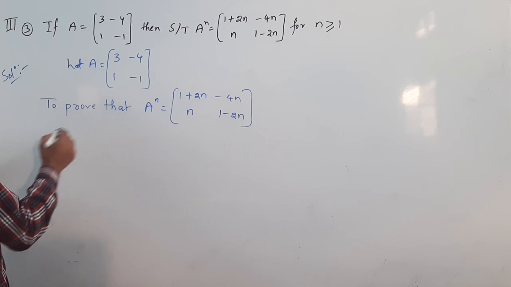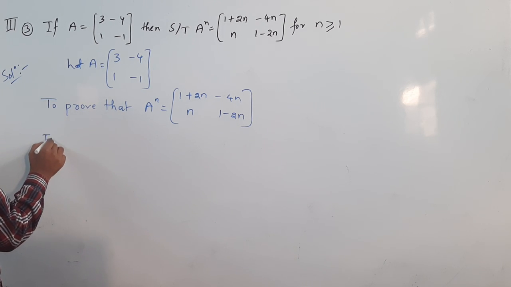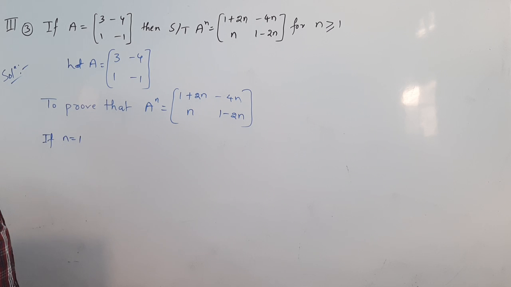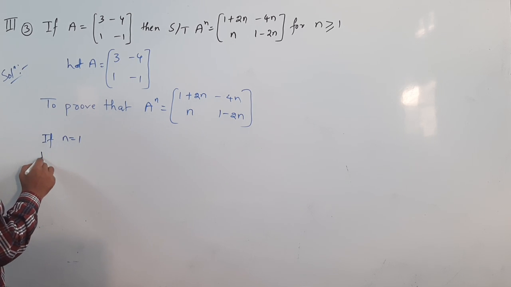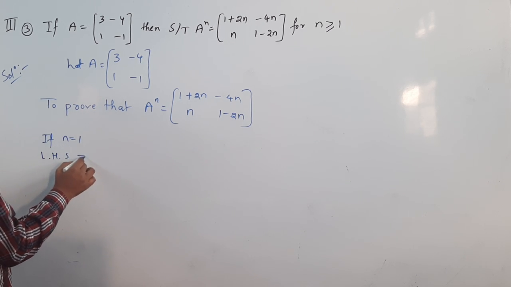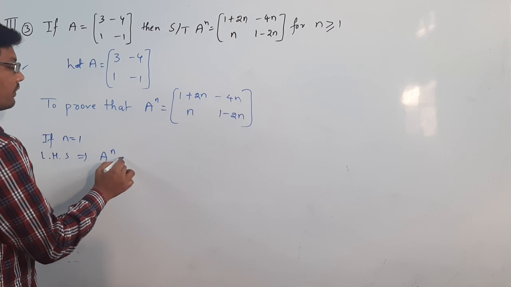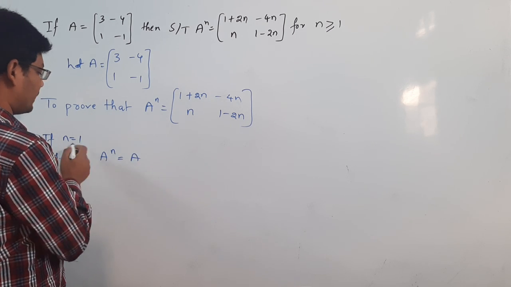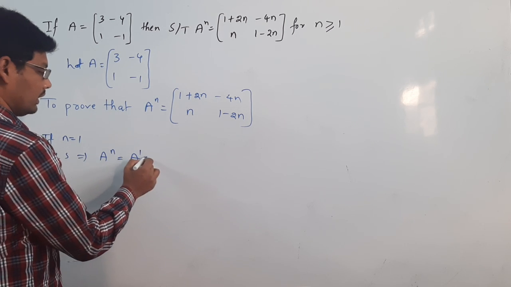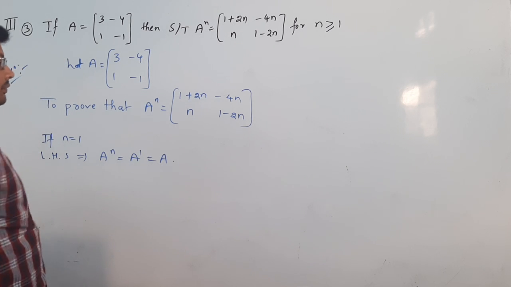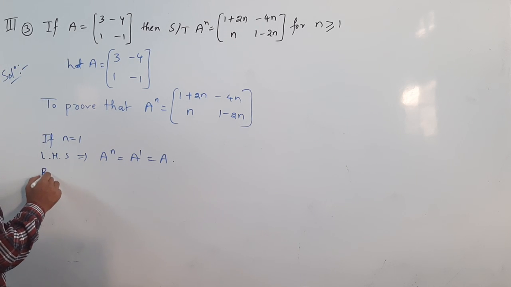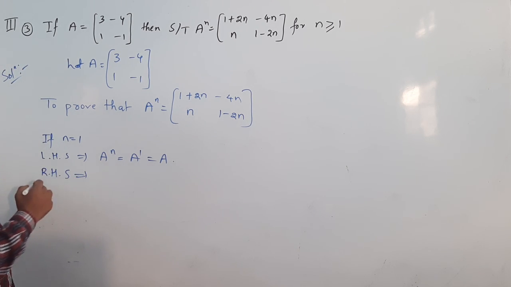Let's take n equal to 1. Take LHS: A to the power of n, that implies if n is equal to 1, A to the power of 1 is equal to A. Take RHS from the condition here.